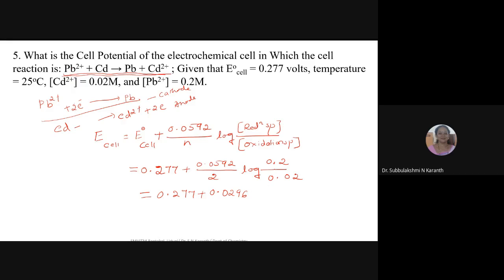How much does it become? Log of, calculate. 1. How much?